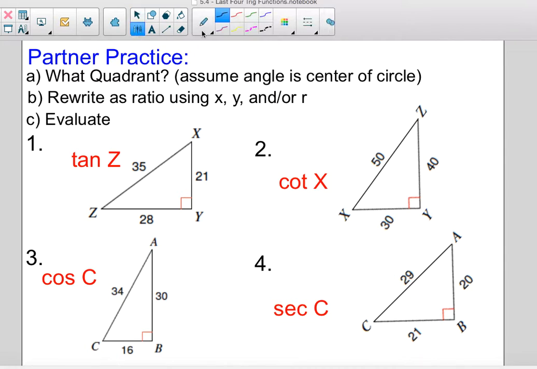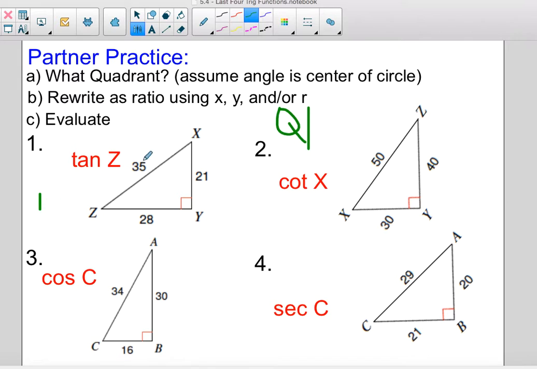All right, so if you did that, now keep in mind these are all going to be quadrant 1 angles because they all go right and up. So angle Z would be the angle you're looking at, C, C, and X for all of these. So that's part A for all of them. Rewrite using x, y, and r. So tangent of Z, right?